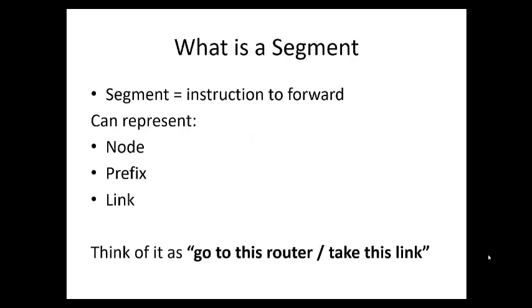What is a segment? A segment is nothing but the instruction to forward. So a lot of segment IDs are going to be encoded into the packet. As the routers receive those encoded instructions, they know how to forward, where to forward, which link to use to send the packet out, to which node to send, via which link need to send.